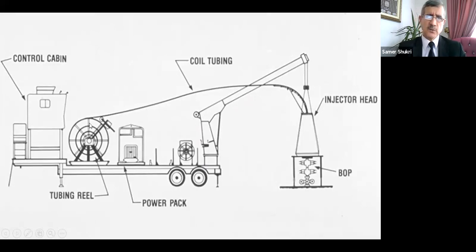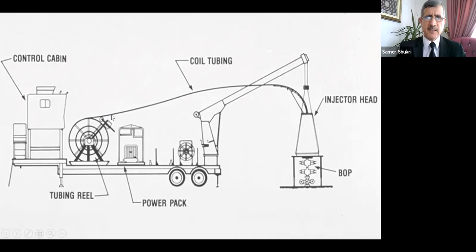Here we have the coil tubing, and here the tubing reel, power pack. Here are the hoses to the BOP and to the injector head from this one. Here we have the control cabin also. We can monitor all that is happening on the wellhead and this area by the coil tubing operator, so it is under control.